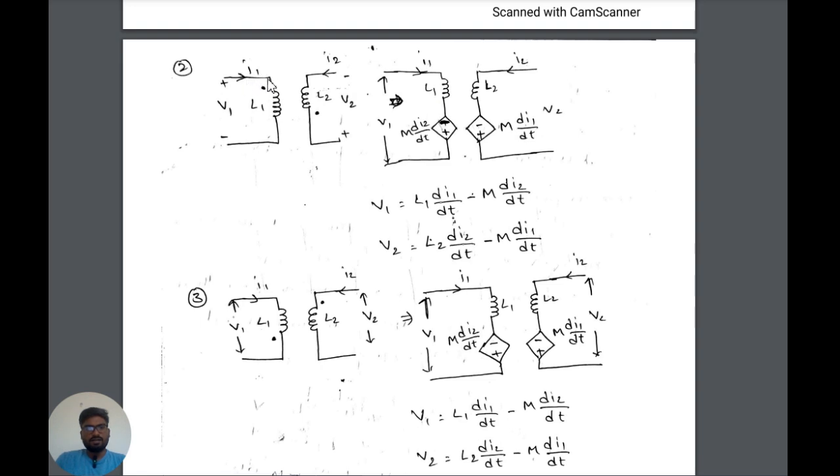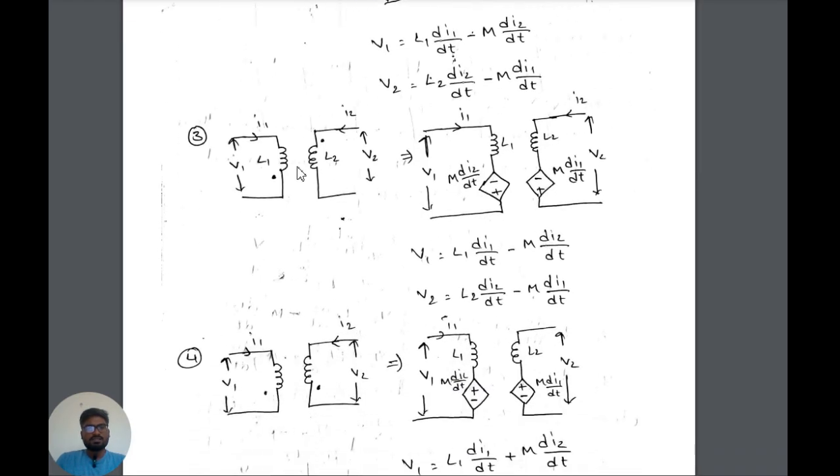If it enters the dot, at the dotted position it should be written as positive. So at the bottom I wrote positive and the starting will be negative. If you apply KVL in this loop, then it will be V1 = L1 di1/dt minus M di2/dt, and similarly this equation.